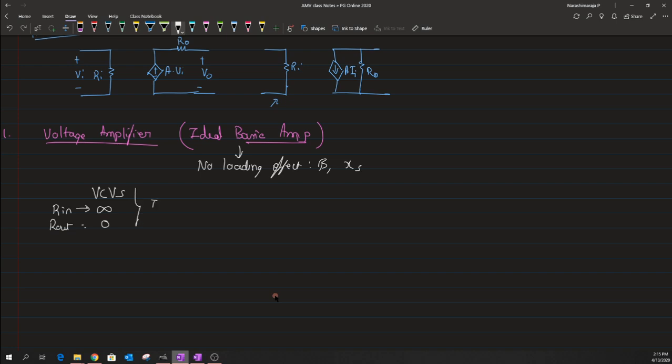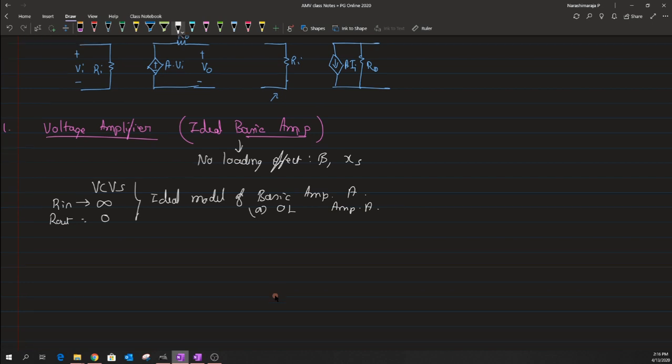So this is the ideal model of this basic amplifier A, or open loop amplifier A. Both are one and the same.